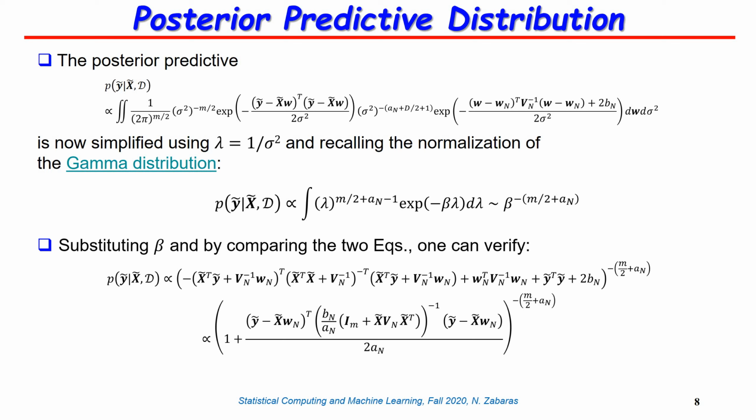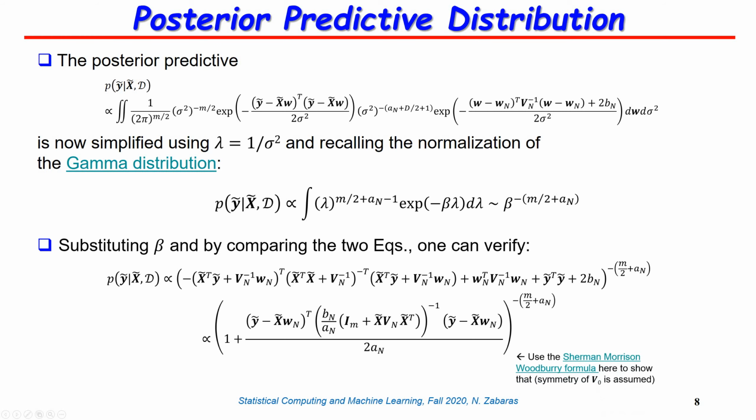Now this is the term that I had on the bottom of the earlier slide, that beta term that I defined. To put it in a student t distribution, there is a little bit more algebra, because you still have to identify what the mean is, what the covariance is, and what the degrees of freedom are.